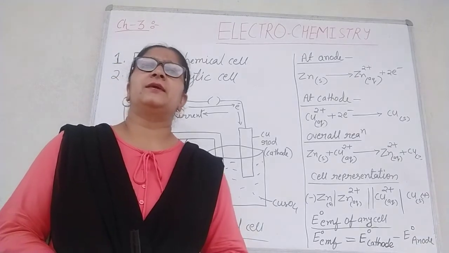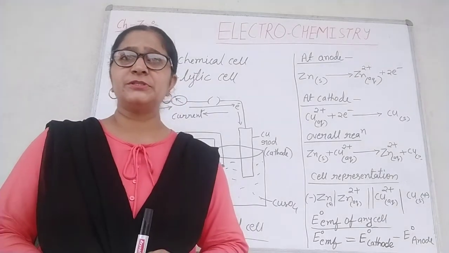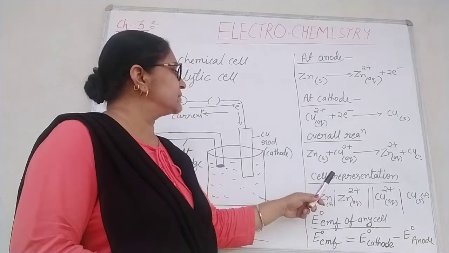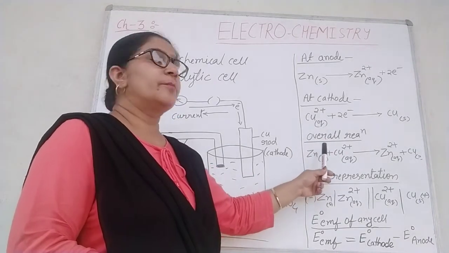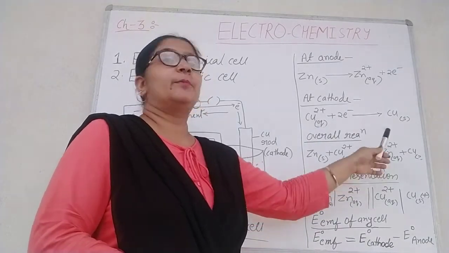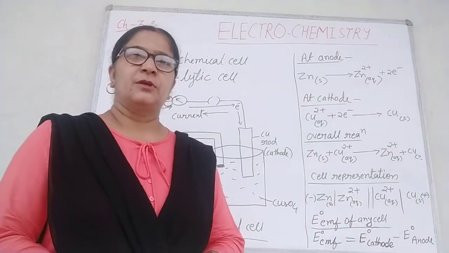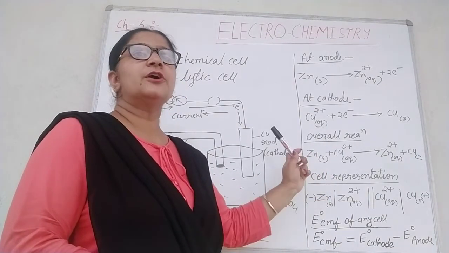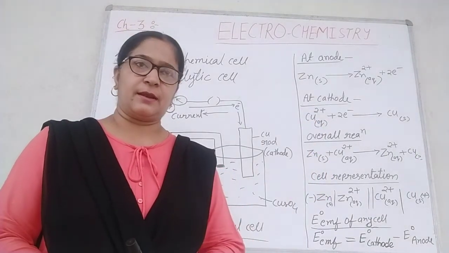Now we can see the complete reaction of the process. Complete overall reaction can be written as zinc atom plus copper ion gives zinc ion plus copper. So this is the overall reaction of zinc copper electrochemical cell.